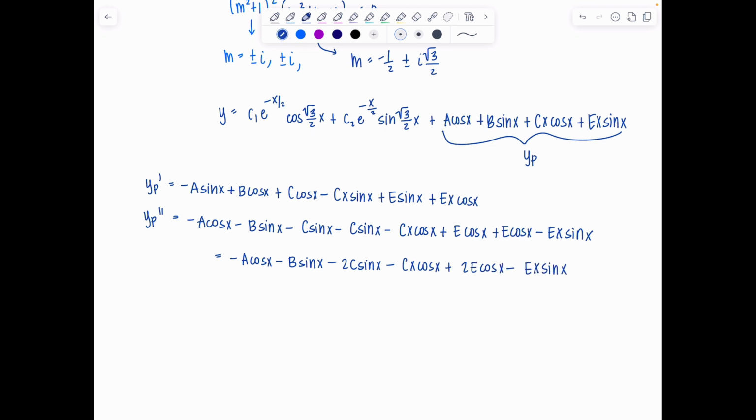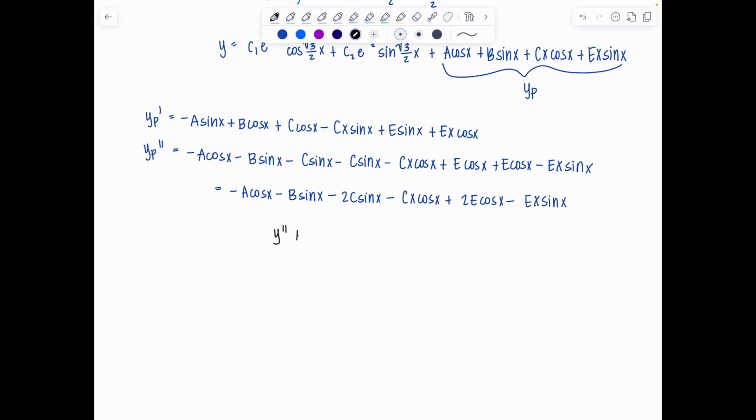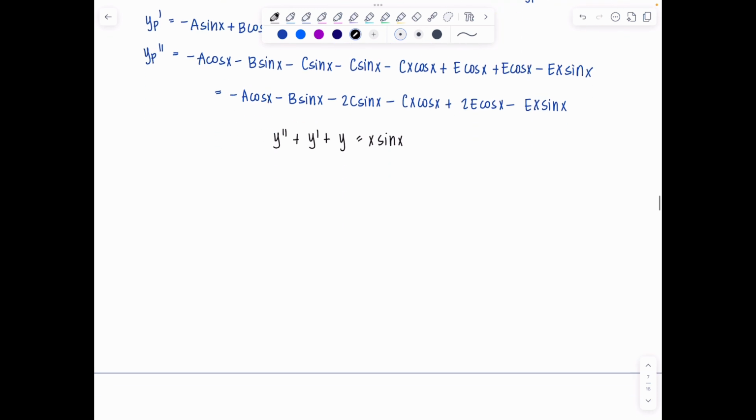Woohoo! Okay, let's plug this all into the original differential equation. y double prime plus y prime plus y is x sine x. Is that really what it was? Oh yeah, okay. So what do we have here?